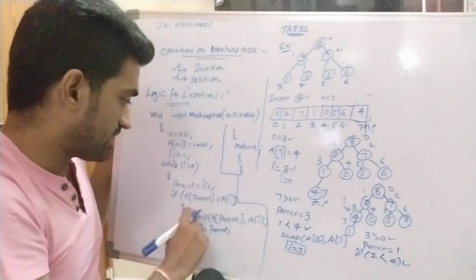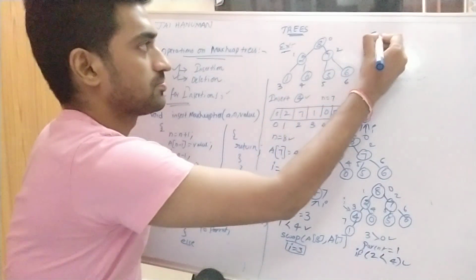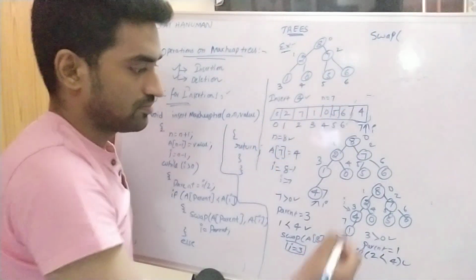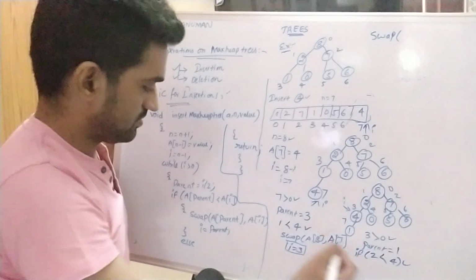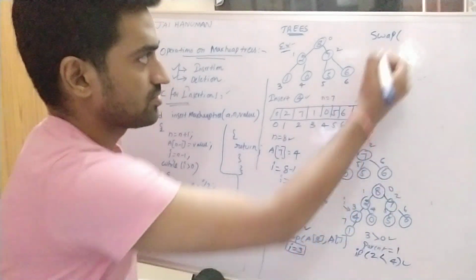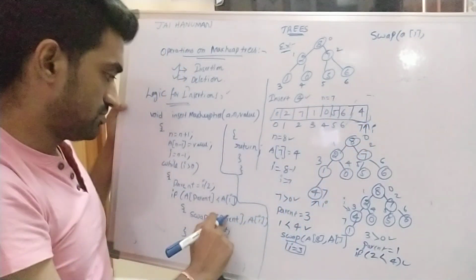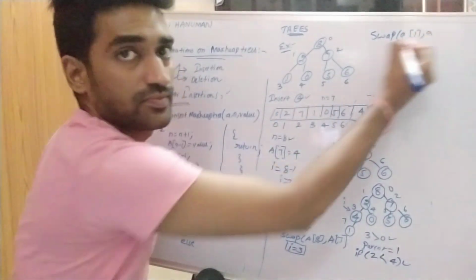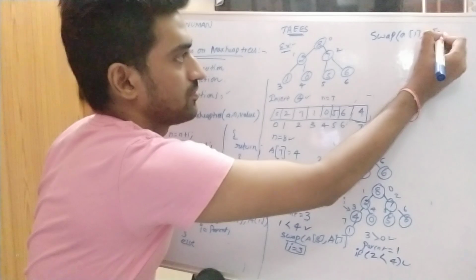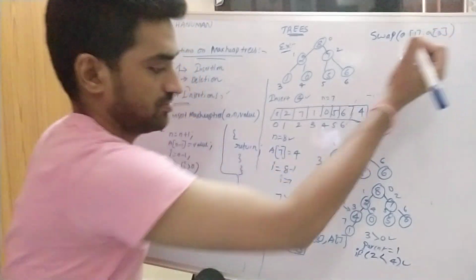Condition is true, then we can swap A of parent, A of 1, comma, A of I, A of 3.